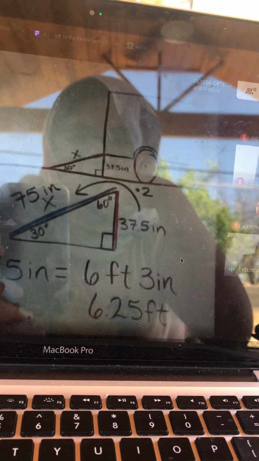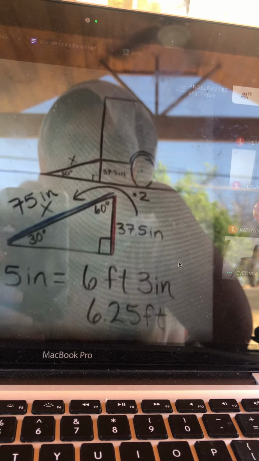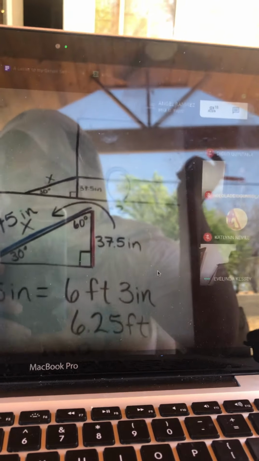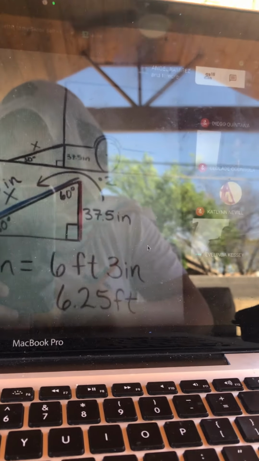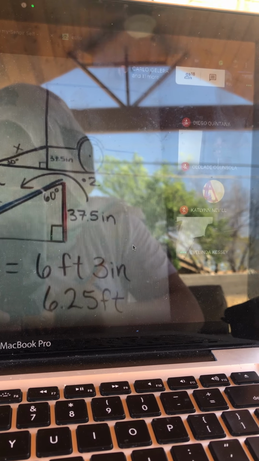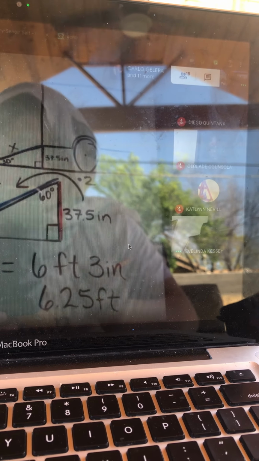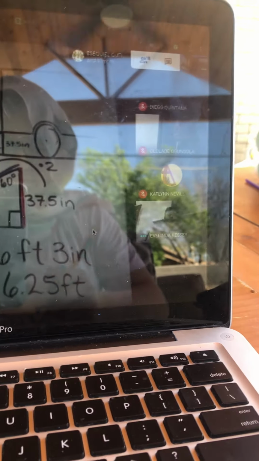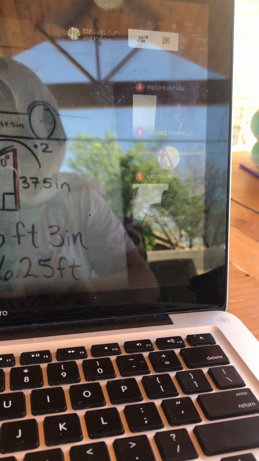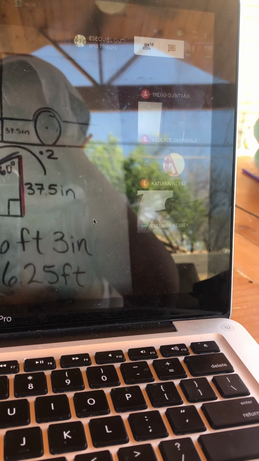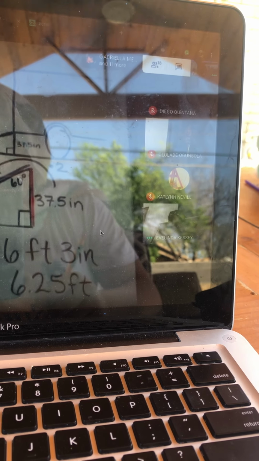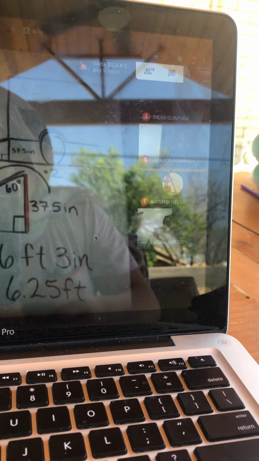No, is 75 divided by 12 equal to 6.5? I don't think so. What is 3 out of 12? It's a fourth, so it's 0.25. Does that make sense? Yeah. Okay.